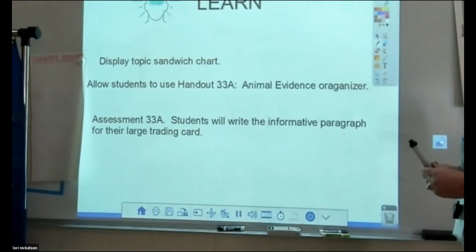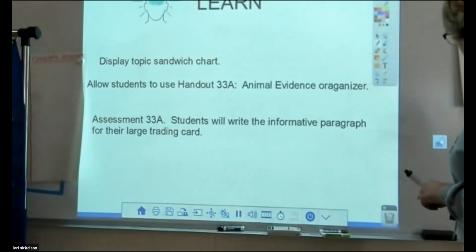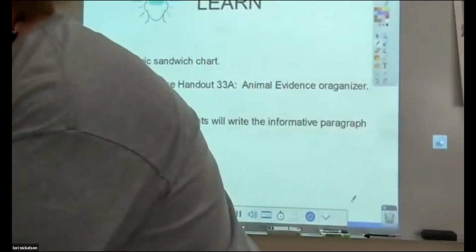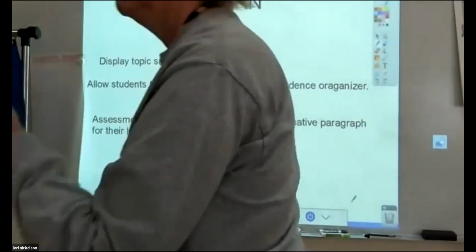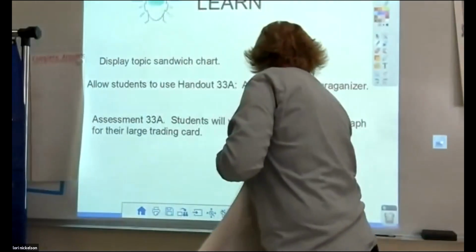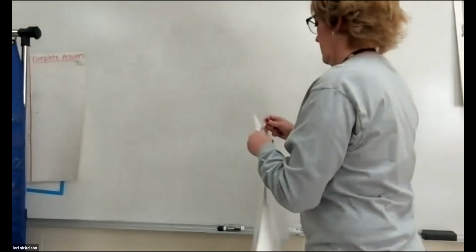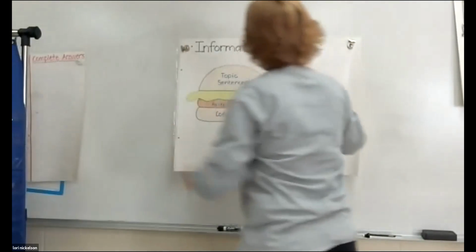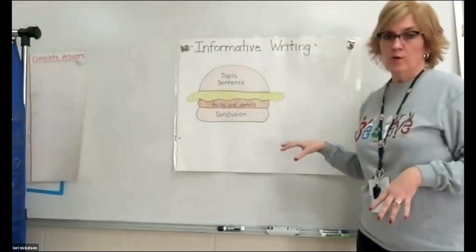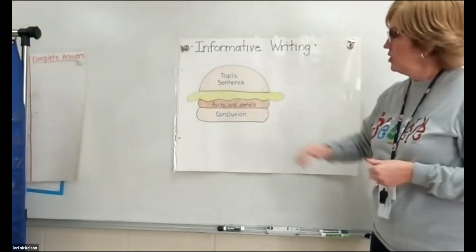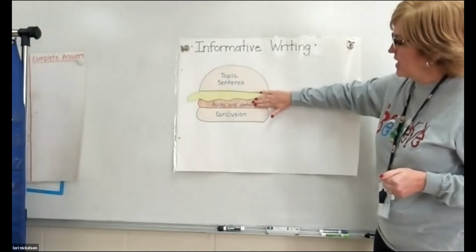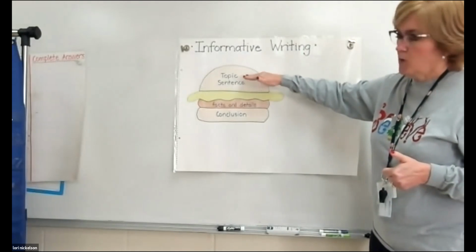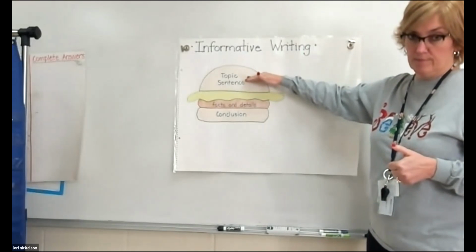So, topic sandwich chart. Let's look at it for a moment. Our informative writing, remember, when we're looking at our topic sandwich chart, we have our topic sentence, facts and details, and a conclusion. Our topic sentence is what the paragraph is going to be about, okay?